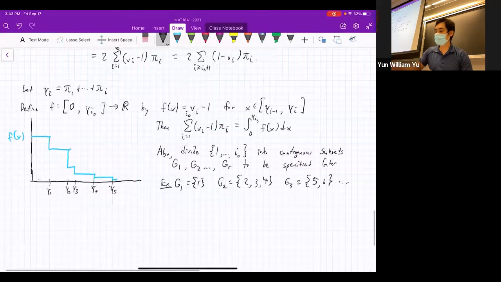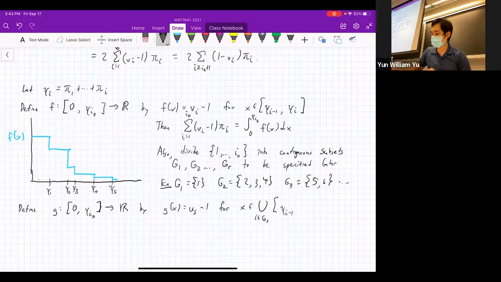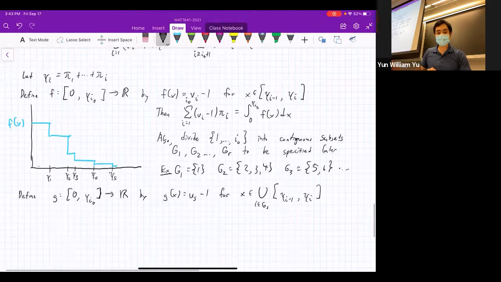Then, given this division, we can define another function g, from 0 to gamma I naught, also to the reals, by g of x equals US minus 1 for x in this interval gamma I. Okay, so what are we doing here?